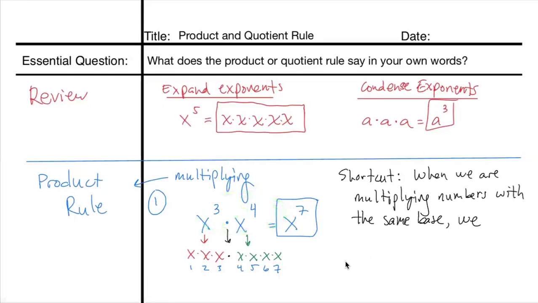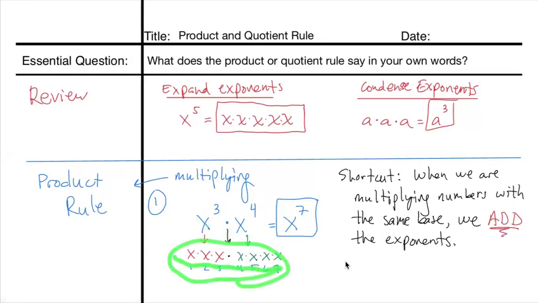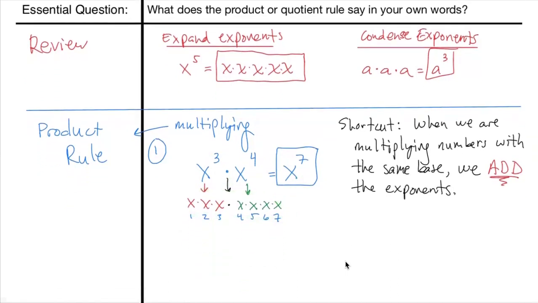We add the exponents. When we are multiplying numbers with the same base, we add the exponents. That's the product rule. So instead of us having to do all this extra work, expand it all out, and then recondense it down for the answer, product rule says I can do it quickly if I can just add up the exponents if and only if I have the same base.